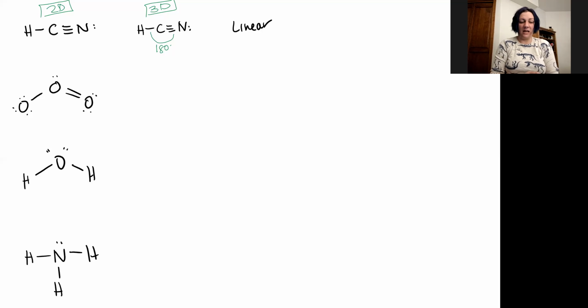Now let's look at our next one. This is ozone, actually. And if I'm going to draw this in 3 dimensions, it's also going to look the same, which is nice. So in this case, we have, again, just one central atom, and we're going to be looking at simple cases here. So that's going to be all of our examples. So in this case, I have one lone pair that is distorting that linear geometry around the central oxygen atom.